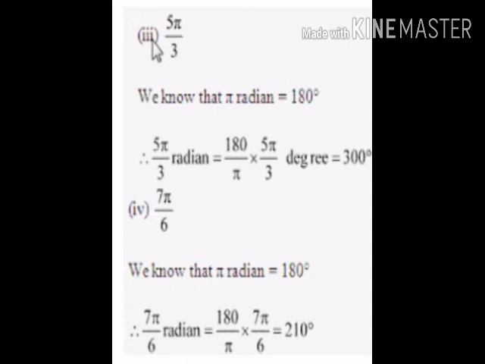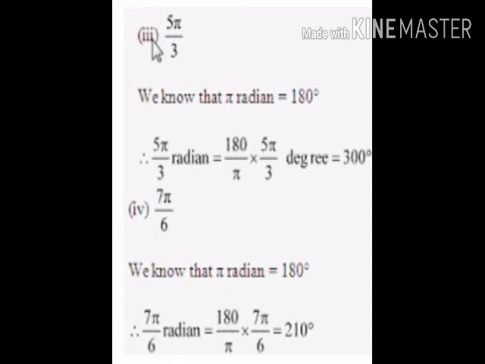Cancel pi, and 3 with 180, we get 60 into 5. It is 300. This 300 is in degree measurement. So 5 pi by 3 radian is equal to 300 degree.